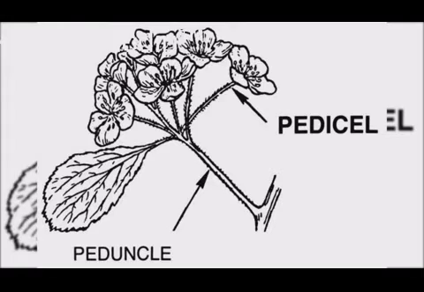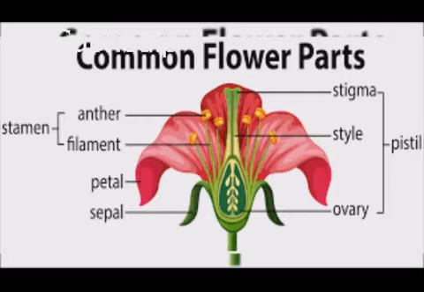The thalamus bears the parts of the flower in four circles called whorls. The whorls are the calyx, the corolla, the androecium, and the gynoecium. The calyx and corolla are also collectively called the accessory or the vegetative parts of the flower.